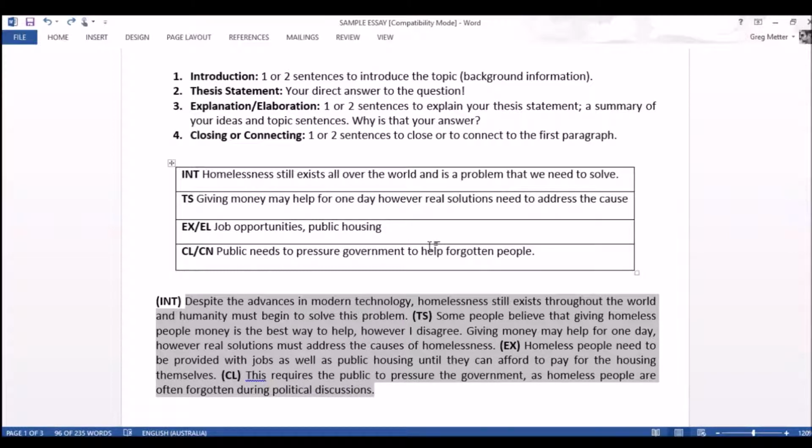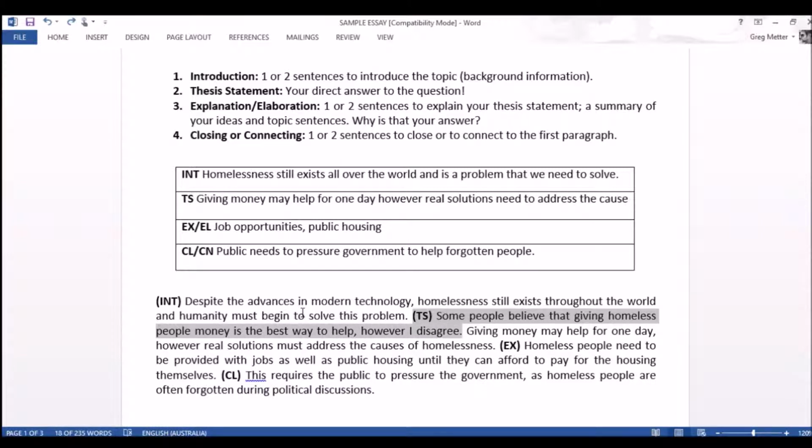There's your introduction, okay? Just to be clear, I've introduced the topic. Despite the advances in modern technology, homelessness still exists throughout the world, and humanity must begin to solve this problem. This is an introduction to the topic. I have not answered the question, just introduced the topic. Here's my answer to the question in my thesis statement. Some people believe that giving homeless people money is the best way to help.